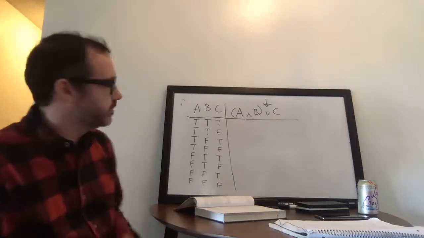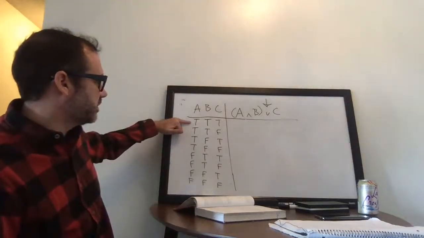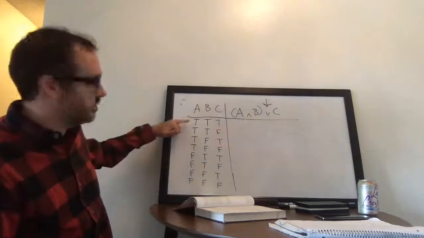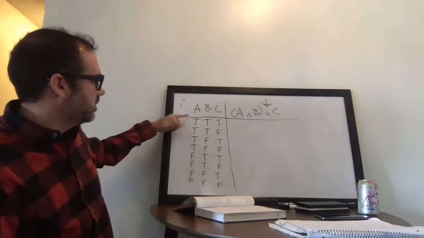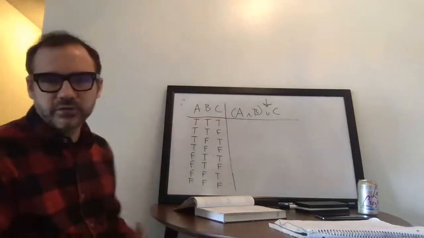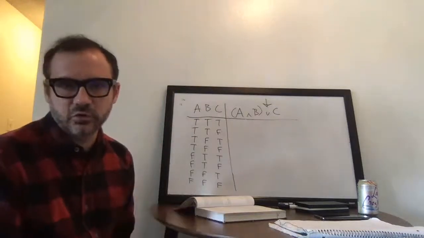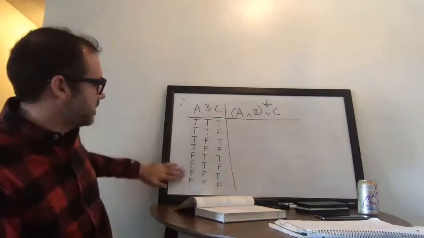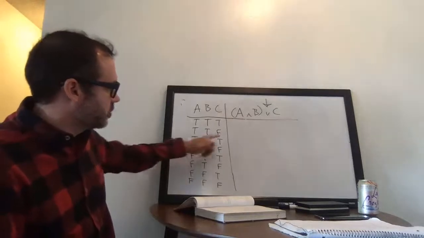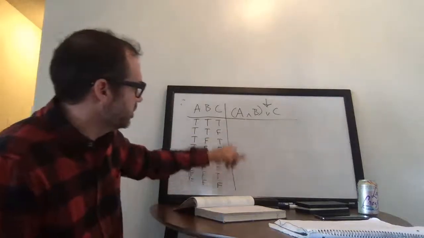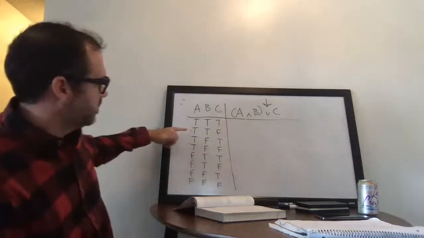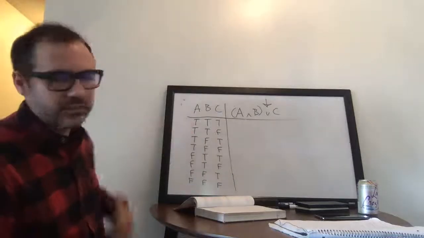They're all unique. This truth value assignment is not the same as any of the other 7 because in all other 7 cases, A, B, and C receive some different combination of T's and F's taken as a whole. So we have 8 truth value assignments here, and that means we're going to have to create 8 rows here with the T's and F's assigned as seen in that row.